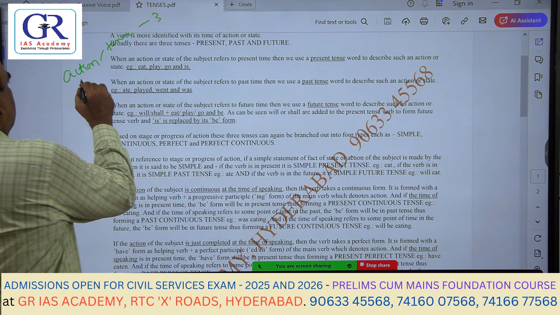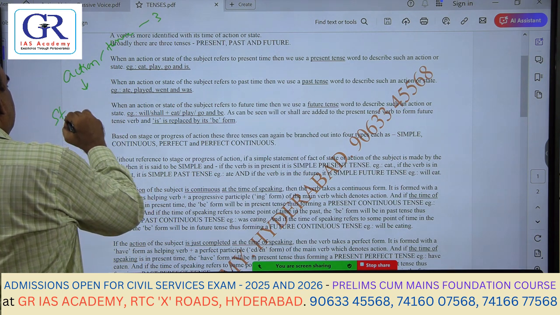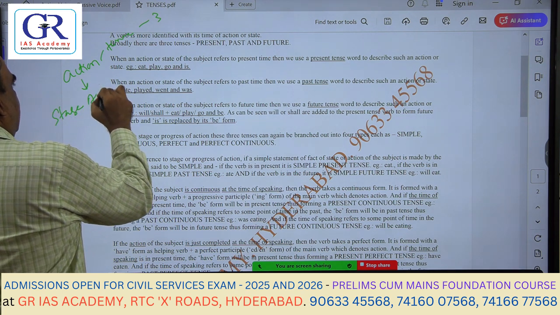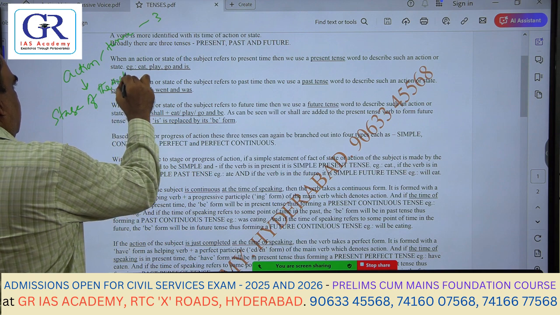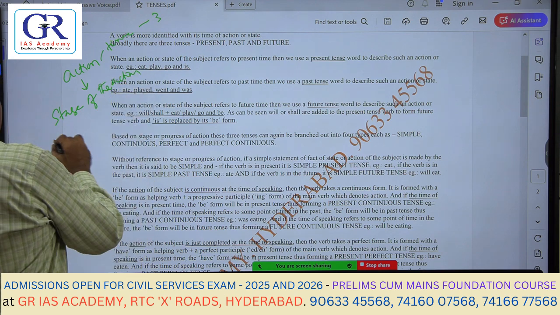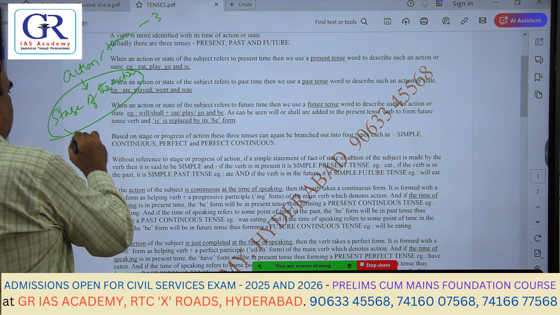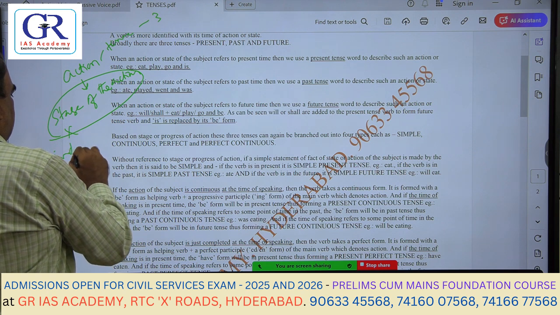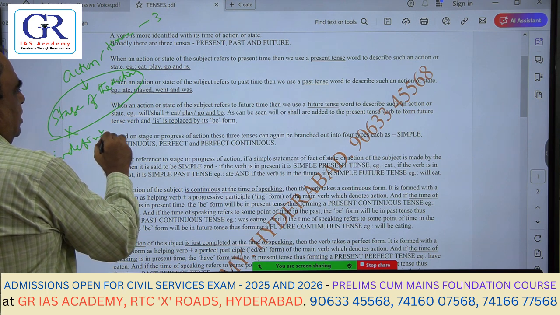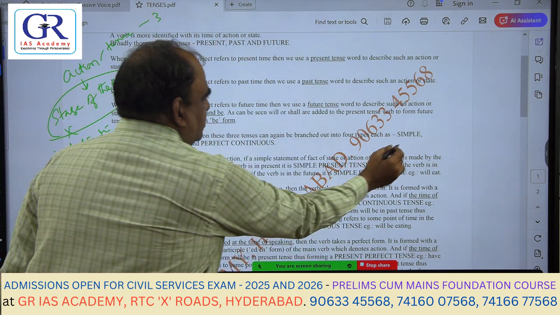So based on the stage of the action, suppose we are not saying anything about the stage of the action, it is indefinite, then we call it simple.